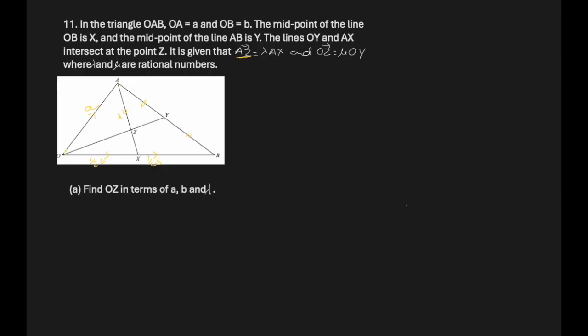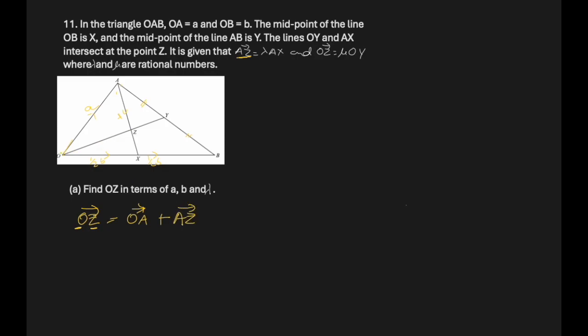OZ, right? Whenever you want to find any vector, start from the first letter, end at the second letter by a different method so that you reach that position. So what I will do this way. Look, I will go OA here, and then I will write AZ. So I can write here OA plus AZ.